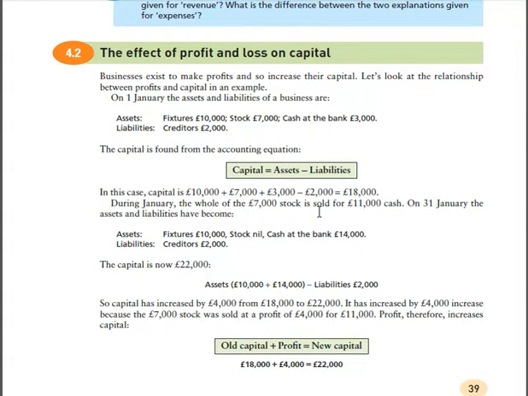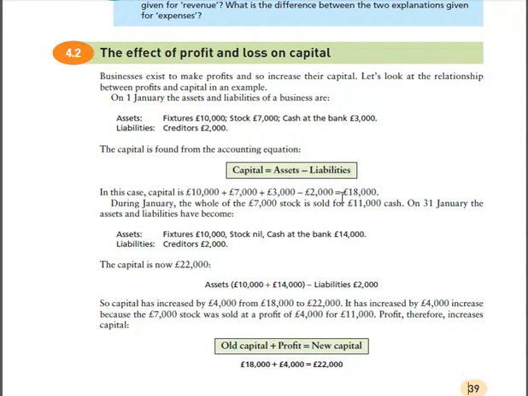Now, the capital figure increases or decreases as a result of trading. So in January, the whole 7,000 of stock that we have in our business, we sold it for 11,000 cash.